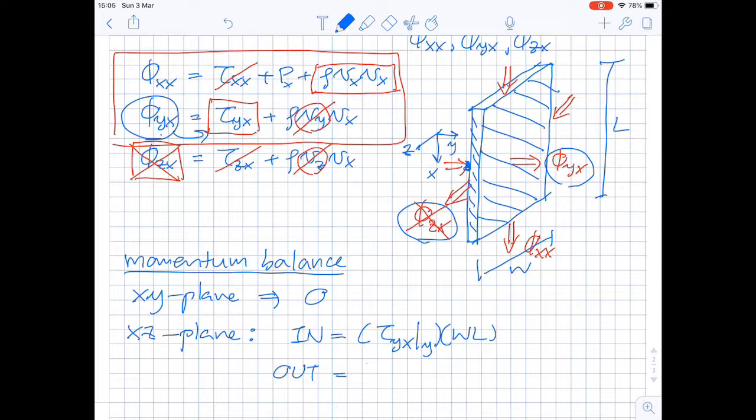For output, it's the same thing, except the location is y plus delta y, multiplied by the same area, right?